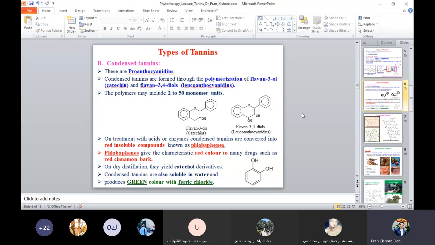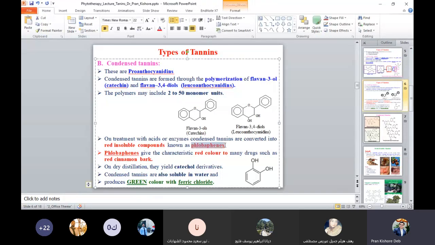So you can understand they have high molecular weight as compared to hydrolyzable tannin. Okay, this is the structure of flavan-3-ol and flavan-3,4-diols. And on treatment with acids or enzymes, condensed tannins are converted into red insoluble compounds, which are known as phlobaphenes.